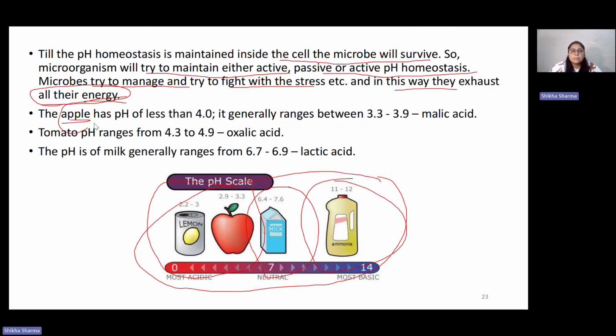Like the composition of food: apple has a pH of less than 4, around 3.3 to 3.9, because of the malic acid, and in tomato the pH is around 4.3 to 4.9 due to oxalic acid.